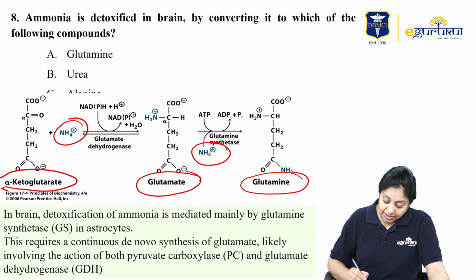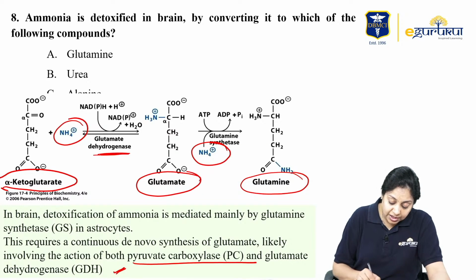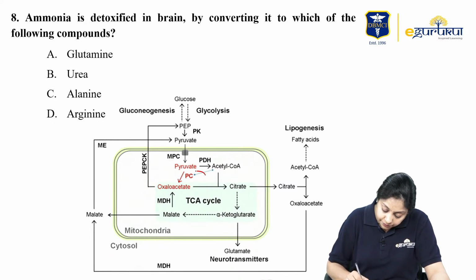And that is with the help of pyruvate carboxylase enzyme and the glutamate dehydrogenase enzyme. Why do we name pyruvate carboxylase there? Because it helps us convert pyruvate into oxaloacetate, right?